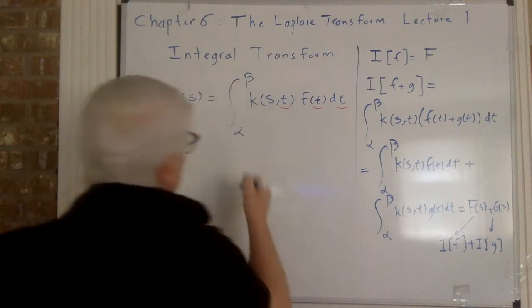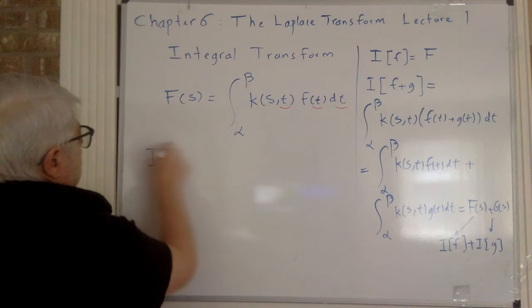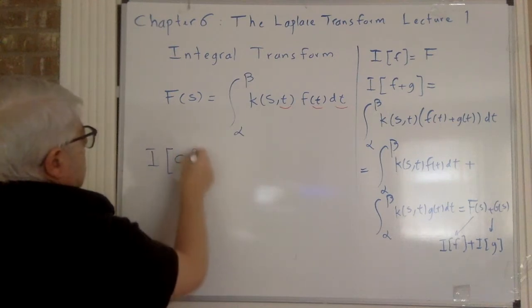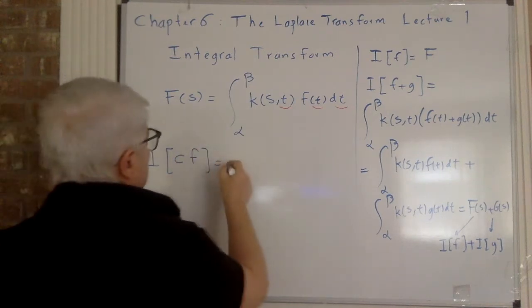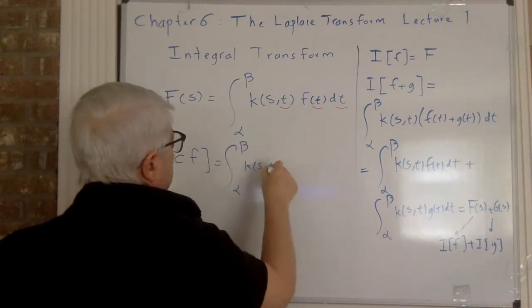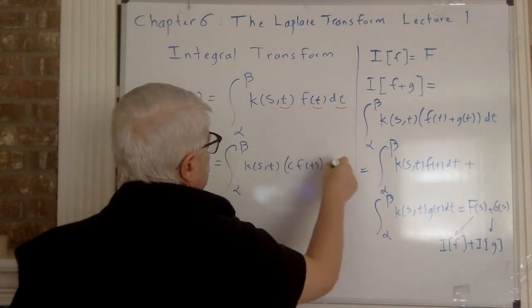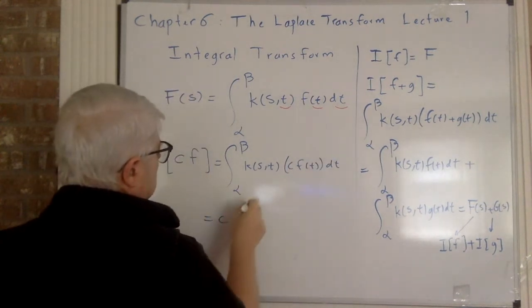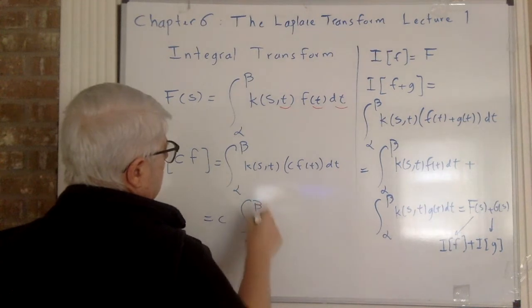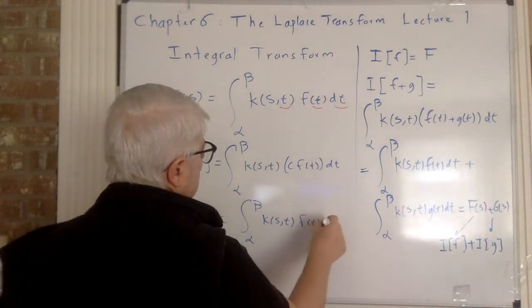So if I multiply this function by, say, some constant c times f, that will be the integral from alpha to beta of k(s,t) c f(t) dt. The constant you can write outside: c times the integral of k(s,t) f(t) dt.